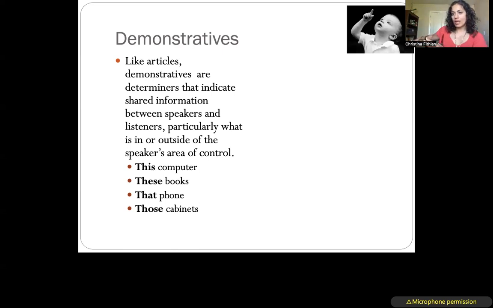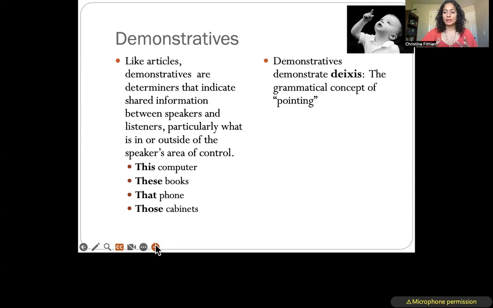It's no longer in my area of control. It's far behind me. And similarly, I can talk about those cabinets or that bookshelf behind me. And in this case, it's out of my area of control. And so I'm going to use that or those for plural. Now, all of these words, this, these, that, and those, these are all demonstratives.